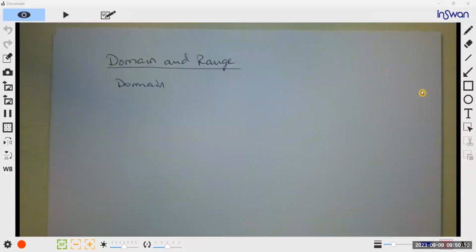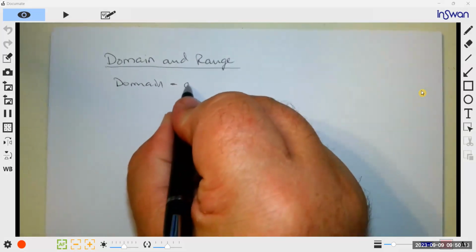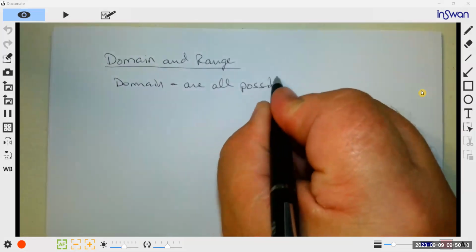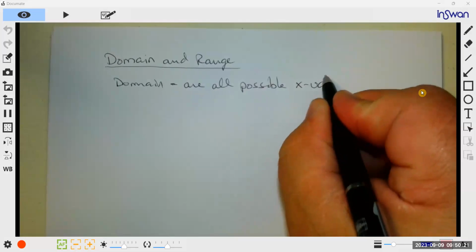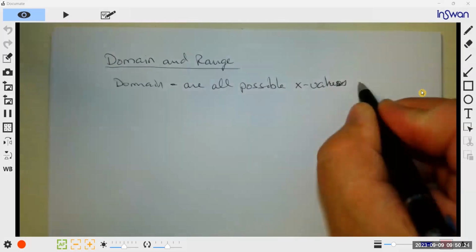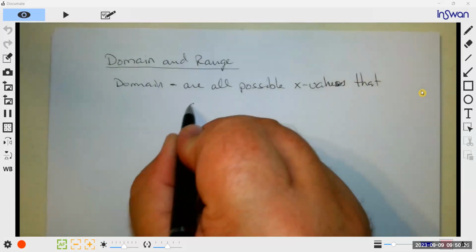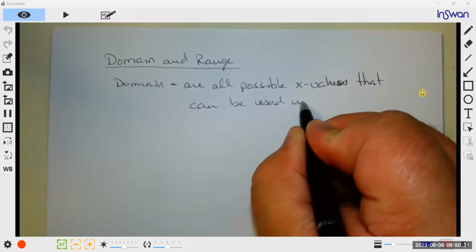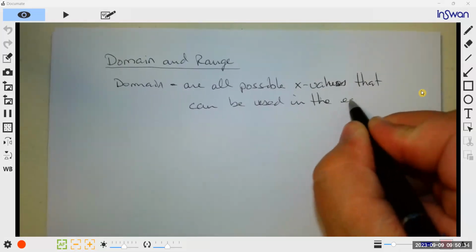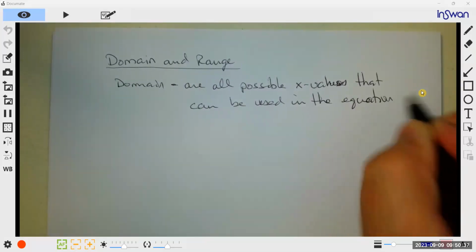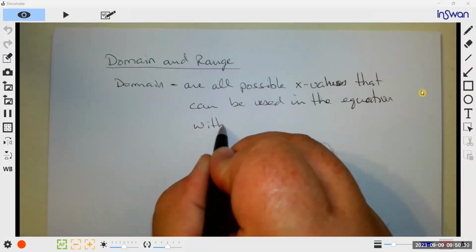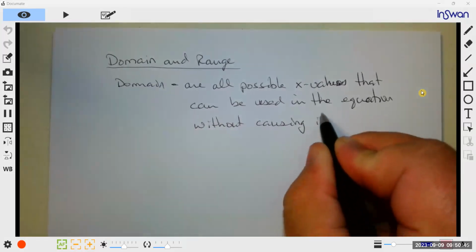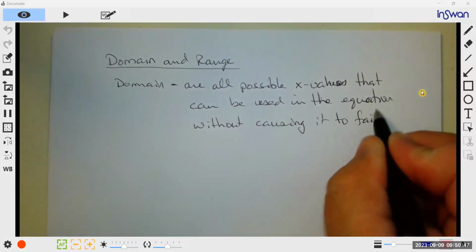The domain are all possible x values that can be used in the equation without causing it to fail.